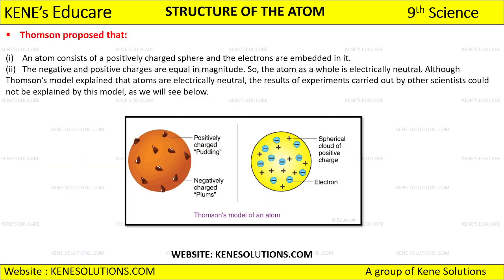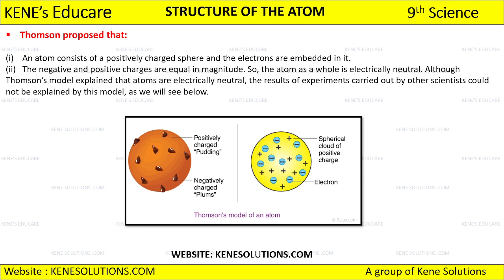After J.J. Thomson, we discussed what exactly Thomson had proposed, right? These are the two important statements given by Thomson: that an atom consists of a positively charged sphere and the electrons are embedded in it. And the second proposal given by Thomson was that the negative and positive charges are equal in magnitude, so the atom as a whole is electrically neutral.